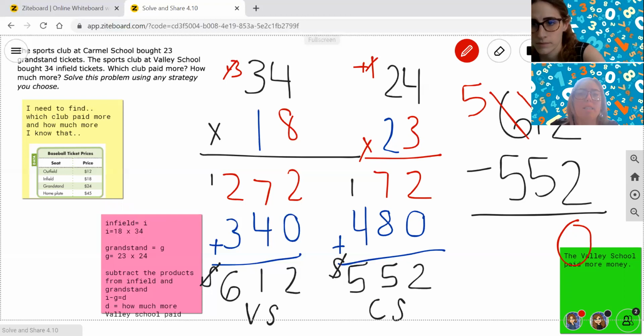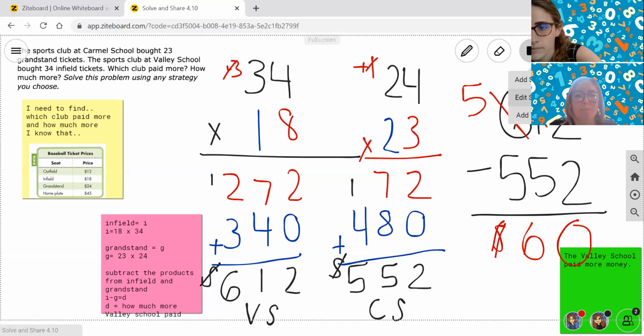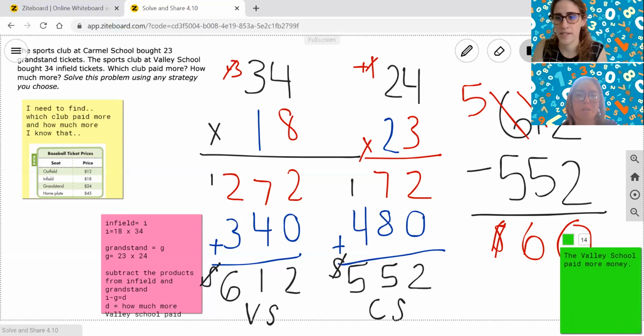And now I'm going to add that onto the 10, so 11. 11 minus 5 is 6, and 5 minus 5 is 0. So the Valley School paid $60 more. Instead of saying more money, I'm going to change this here and just say the Valley School paid $60 more. Perfect.